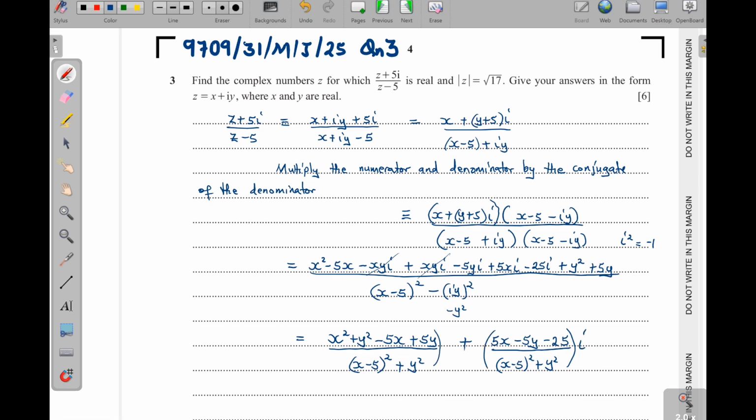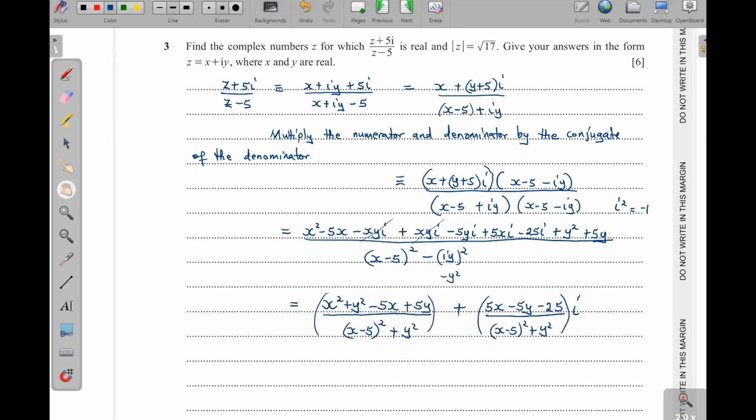Now, what else are we having? They said the modulus of z is equal to 17, not so? And they also said that this thing here is real. So if it is real, that means there is no imaginary part. This imaginary part is 0.